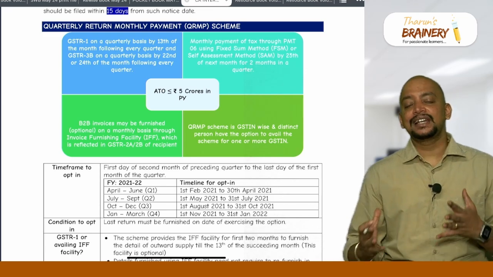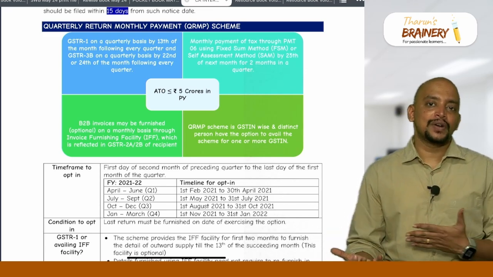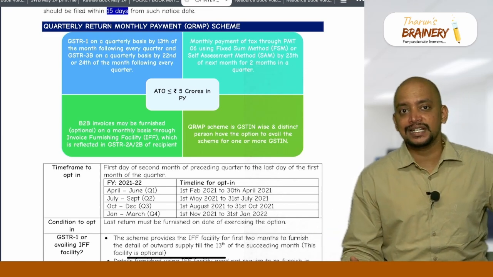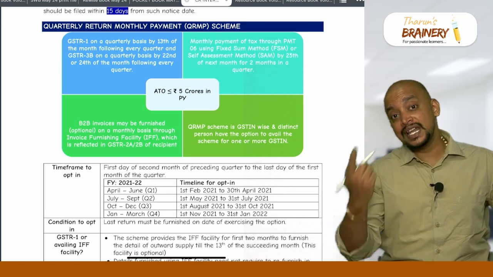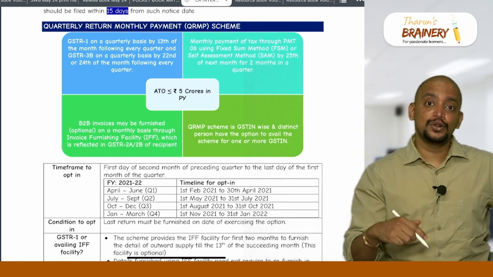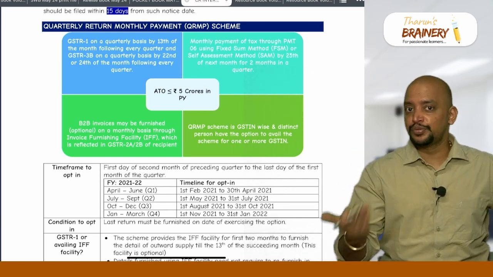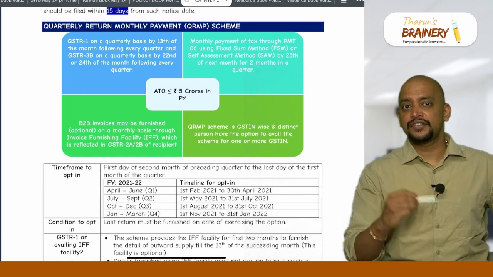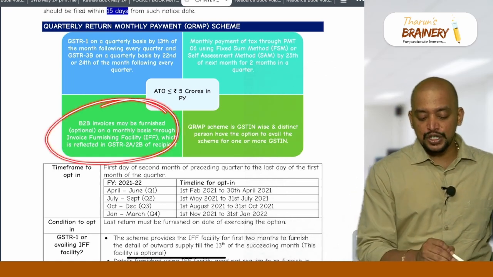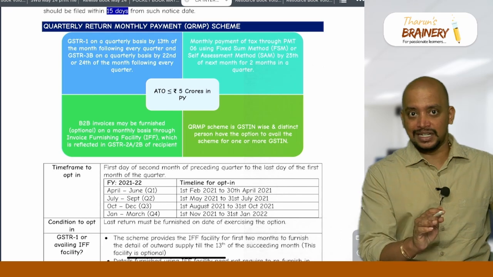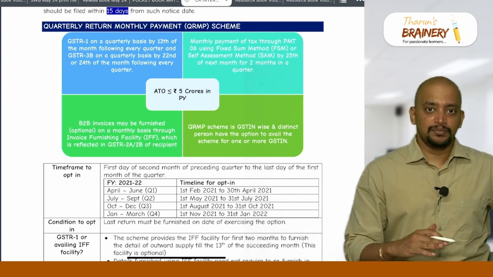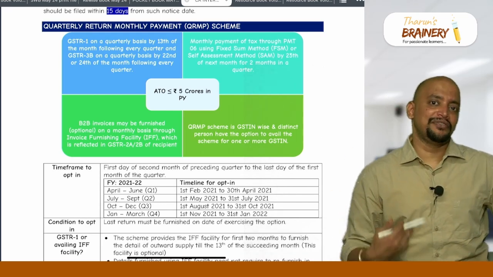Because practically, when I am filing GSTR 1 on a quarterly basis, the recipient cannot take ITC on a monthly basis. So he expects me to report the details monthly. Because of it they created IFF. B2B invoices may be furnished optionally, they say, but the recipient will compel me to file it.